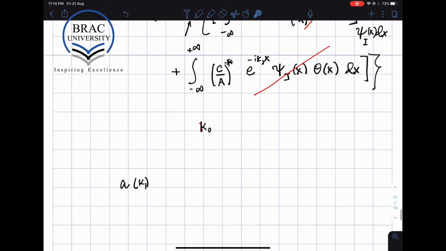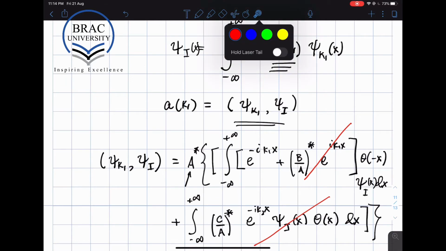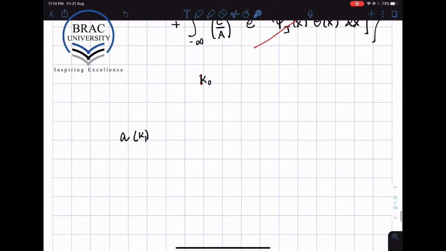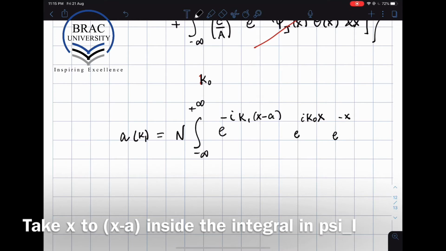Okay, so now we have A of k1, which is just this thing. A of k1 is given by some normalization, which I'm going to call n or A or whatever. I can be very cavalier about overall normalizations in quantum mechanics. And we have e to the power minus i k1 x, times a e to the power i k0 x, times e to the power minus x squared by 2 delta squared, dx.